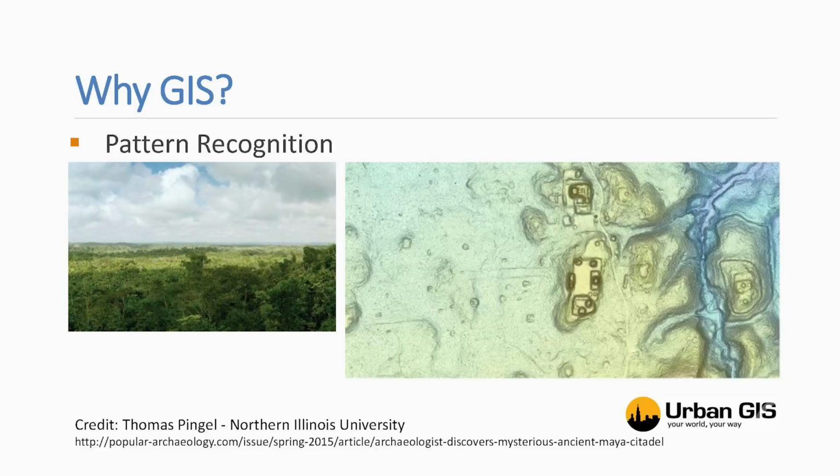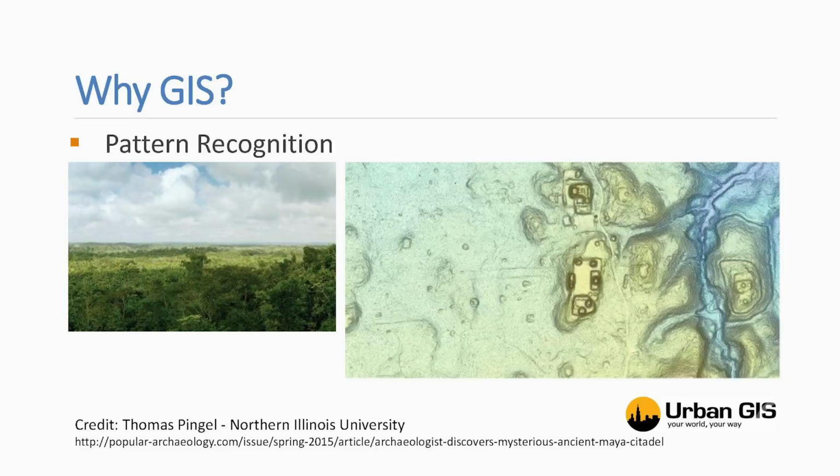They collected LiDAR imagery of this area. This is an archaeological site that they've been processing, and one of the things they did was strip the vegetation cover off the land through the LiDAR analysis.